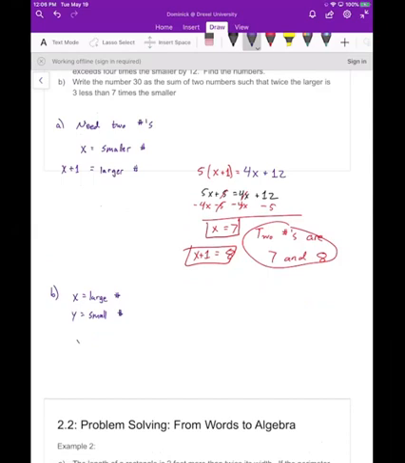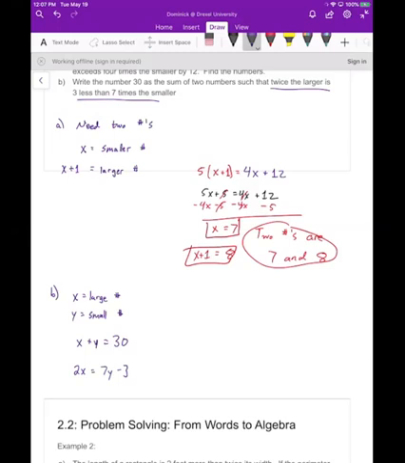So we know that if we add these 2 things together, we should get 30, right? The sum of the two numbers is 30. Now, the next part of this gives us that twice the larger is 3 less than 7 times the smaller. So that tells me that 2x is equal to 7y minus 3.